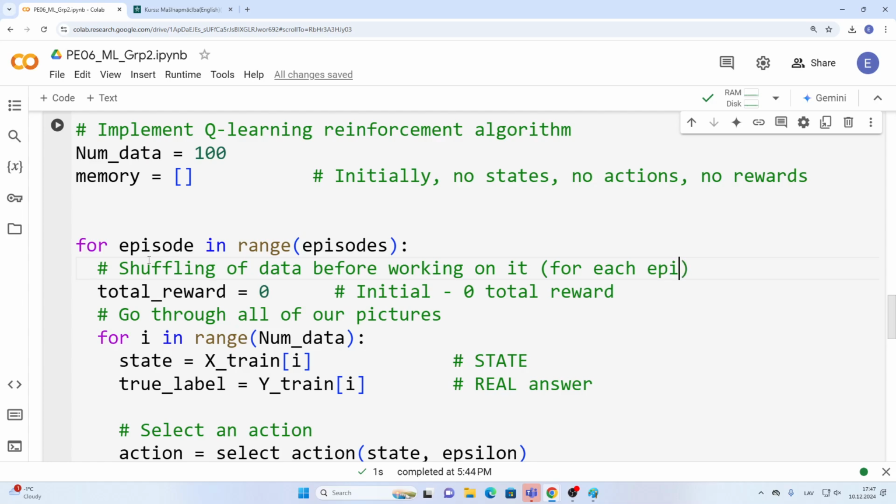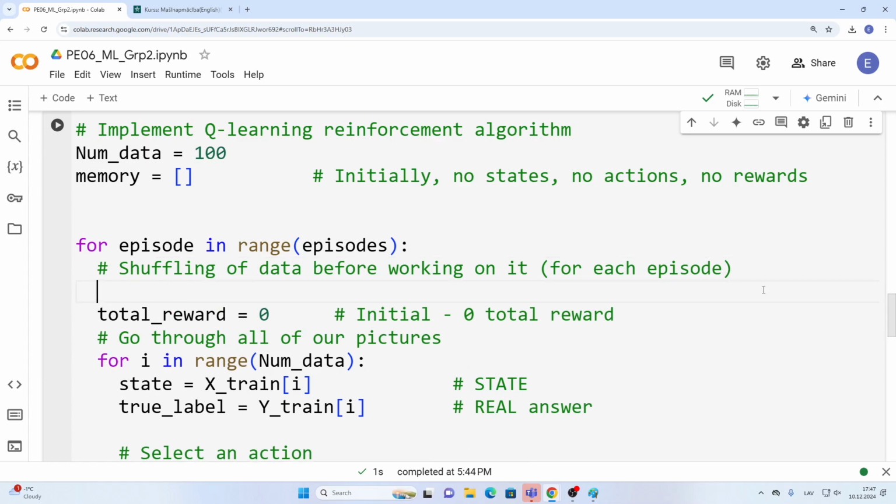Meaning that also every episode will have slightly different data. We will not use all 5,000 of data right away. We will take 100 pictures here, 100 pictures there, and every episode these are going to be different 100 pictures. So this way we will actually have some variability and prevent some overfitting as well.